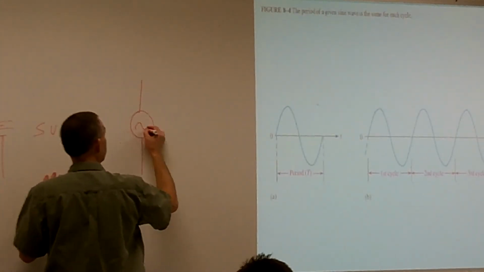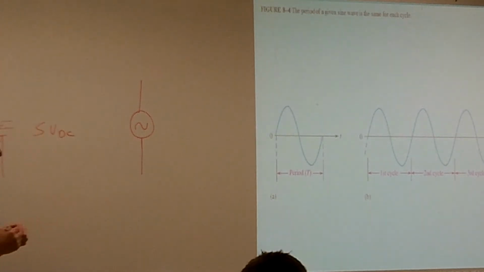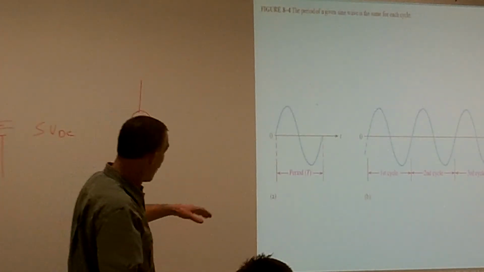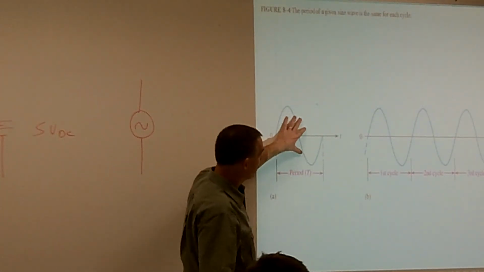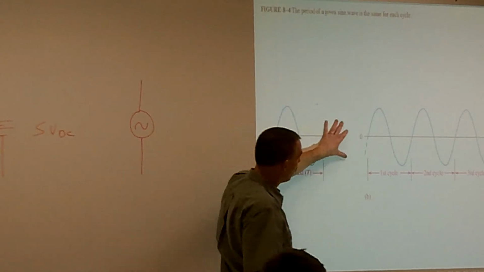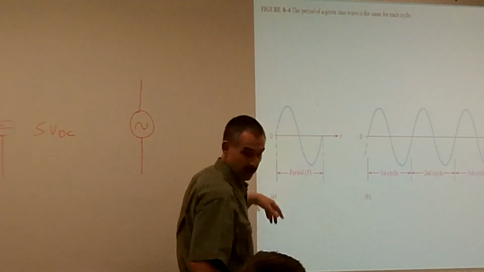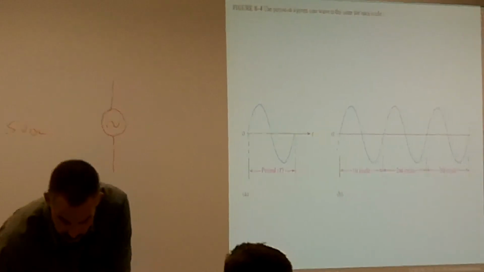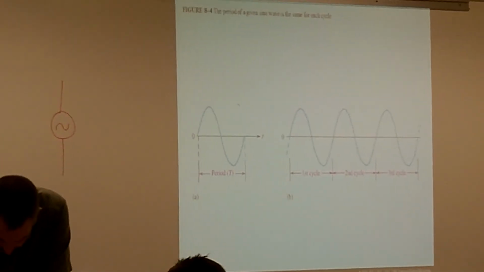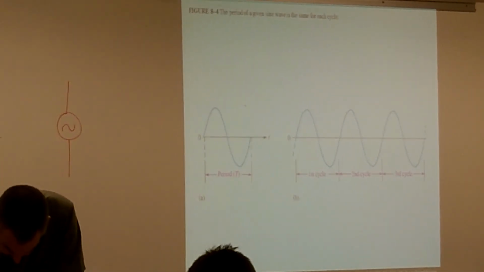Now when we get into AC, we have a lot of different units that we have to keep track of, because we can describe these waveforms in many different ways. I actually ended up giving you a little cheat sheet that you want to keep handy.